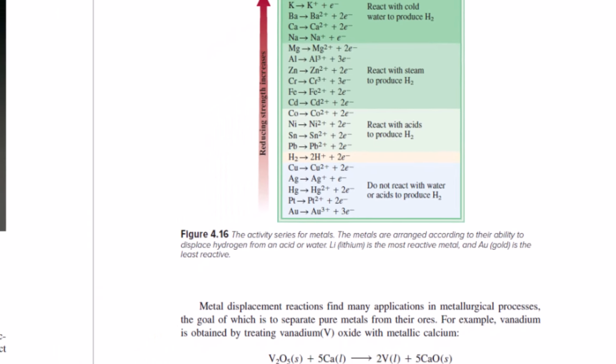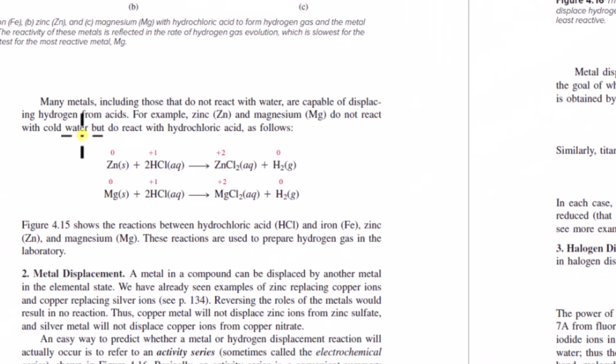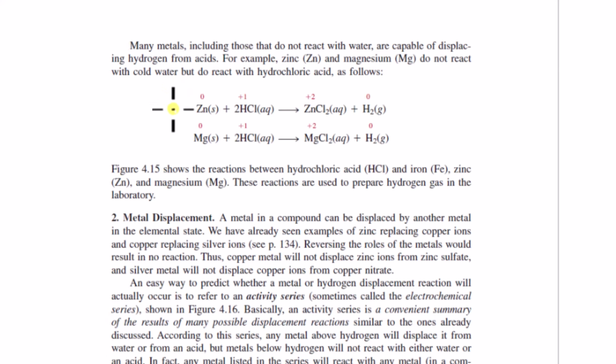Okay, and so it shows here how you've got solid zinc and magnesium in a hydrochloric acid aqueous solution, and the result is the zinc and magnesium atoms displace the hydrogen atoms from the compound, and they enter the solution to form zinc and magnesium chloride, and the hydrogen atoms are pushed out into their elemental form, H2 gas.